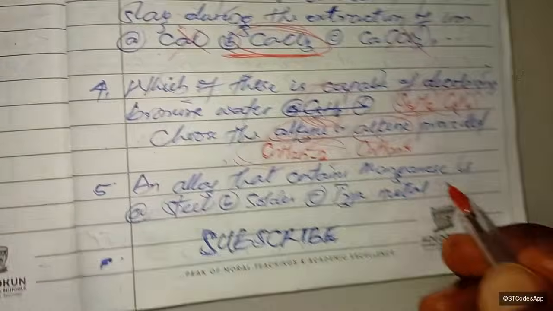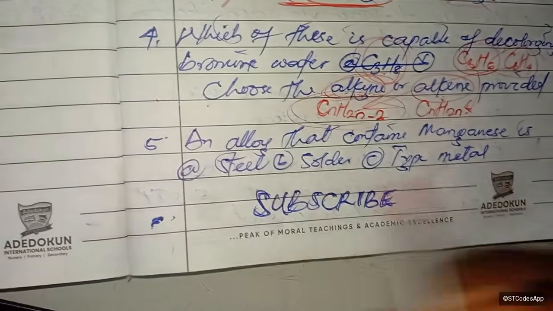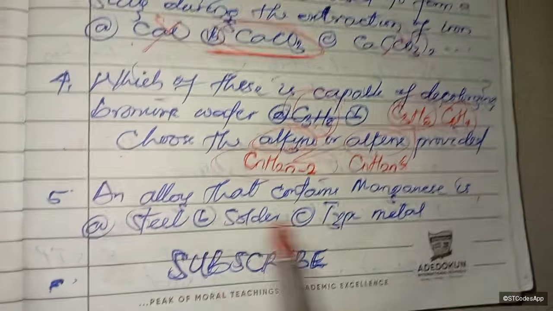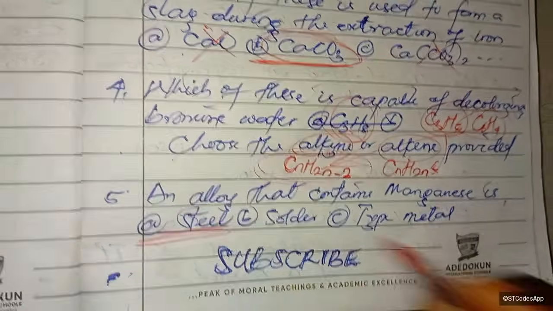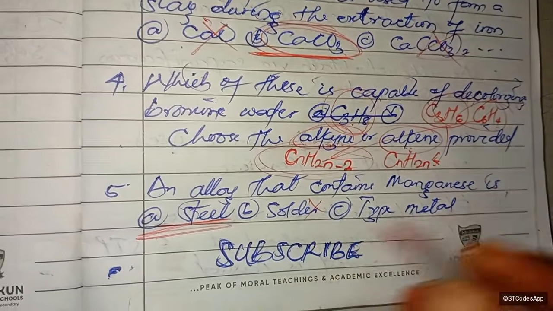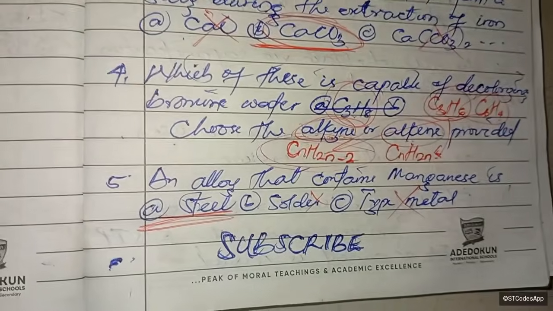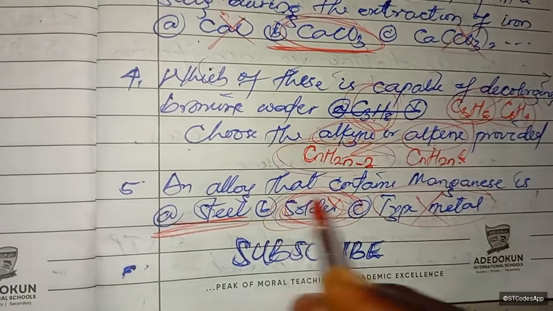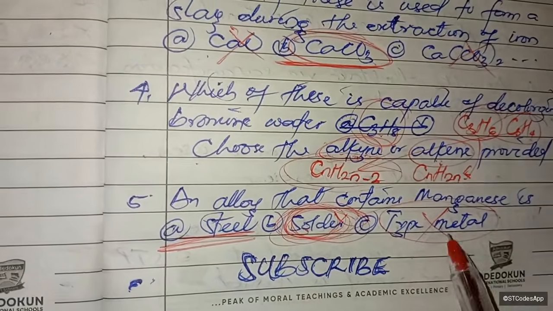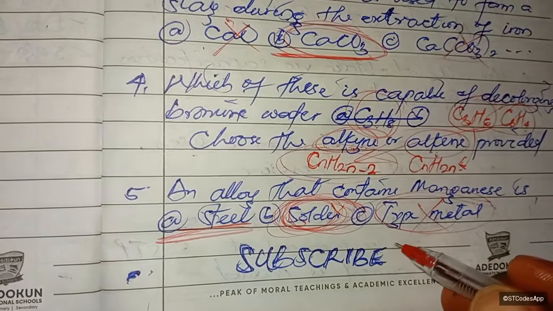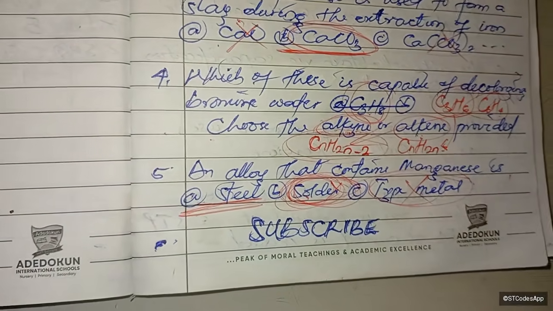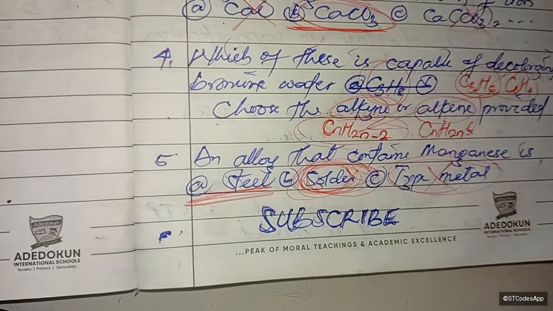Exactly. So this can also decolorize bromine water. An alloy that contains manganese is, my student said he actually failed this one. The answer is steel. Now, solder does not contain manganese. Type metal does not contain manganese. This contains lead and tin, I think. Then type metal is an alloy from the combination of antimony, I think nickel as well.